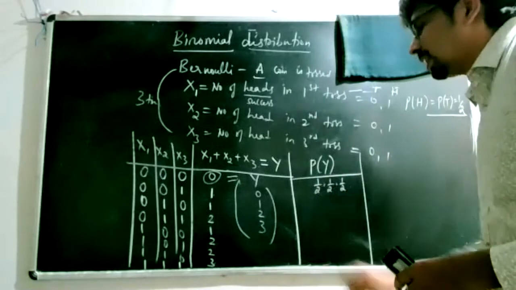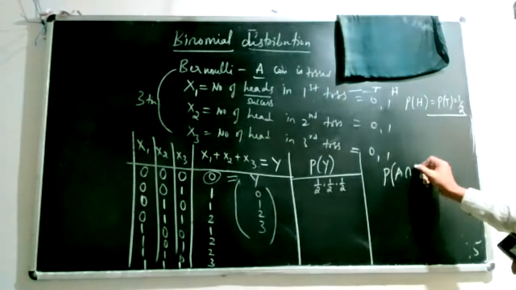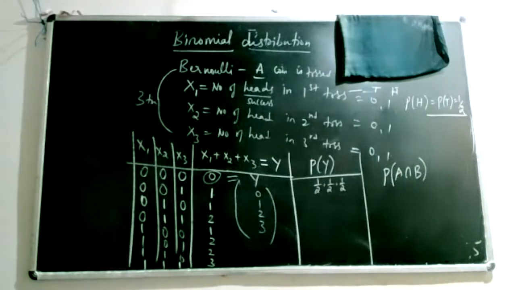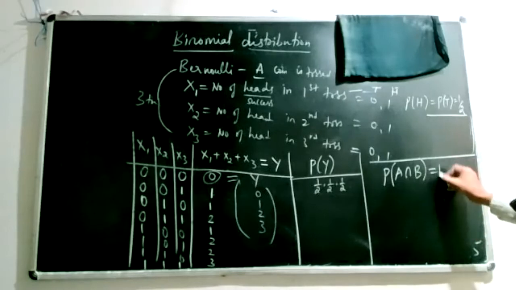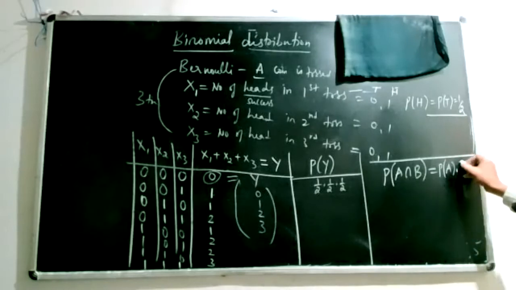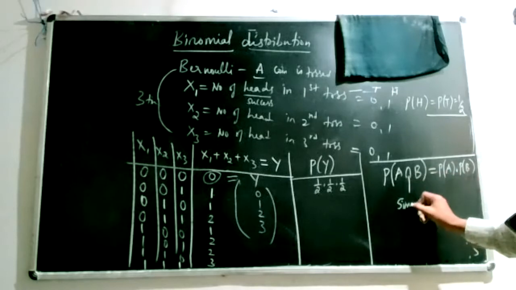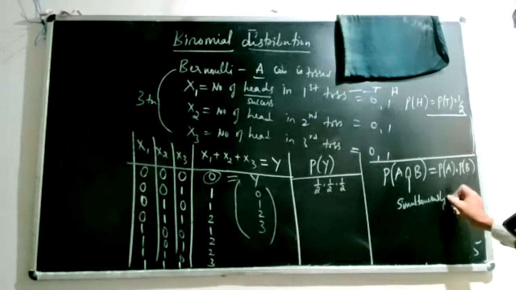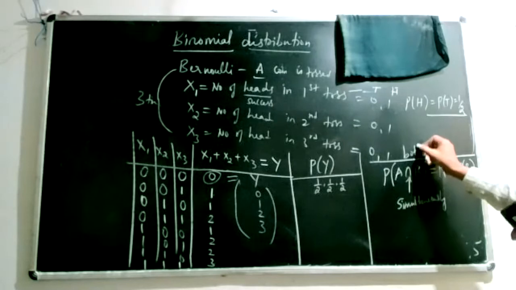The probability gets multiplied because of a theorem called the multiplication theorem, the probability theorem on the intersection. This tells that whenever you are talking about simultaneous occurrence of events, the probability gets multiplied when they are independent. So this intersection indicates happening of both.